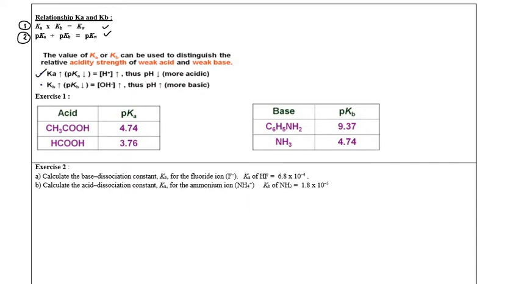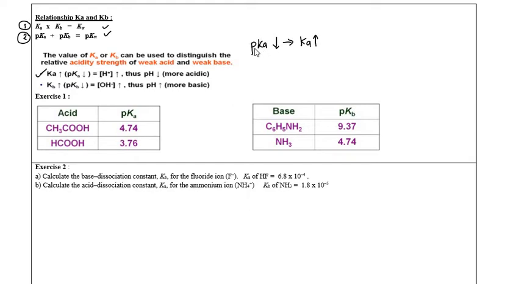Next, the value of Ka or Kb can be used to distinguish the relative acidity strength of weak acid and weak base. Look at the first statement here. When Ka increases, pKa is lower, H plus increases, thus pH is smaller, so we refer to the acid as more acidic. When the value of pKa is smaller, automatically the value of Ka is larger.